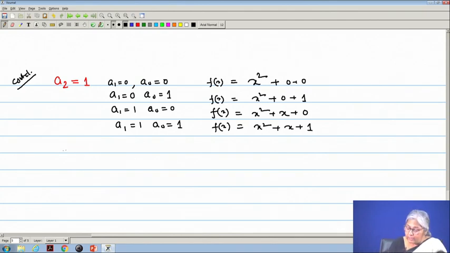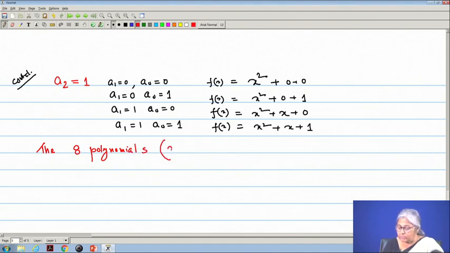So, the 8 polynomials we got, these 8 polynomials, that means here 2 to the power 3, where p equal to 2 and n equal to 3.